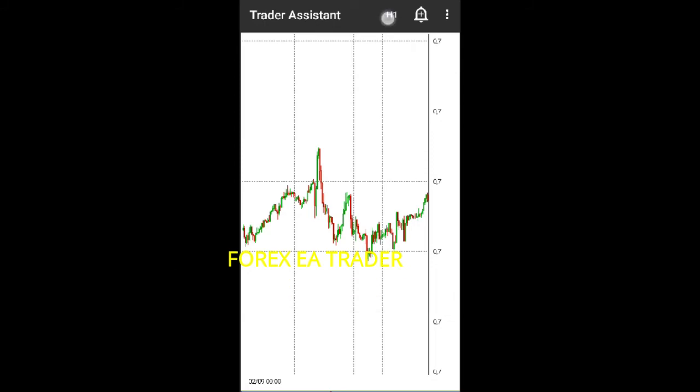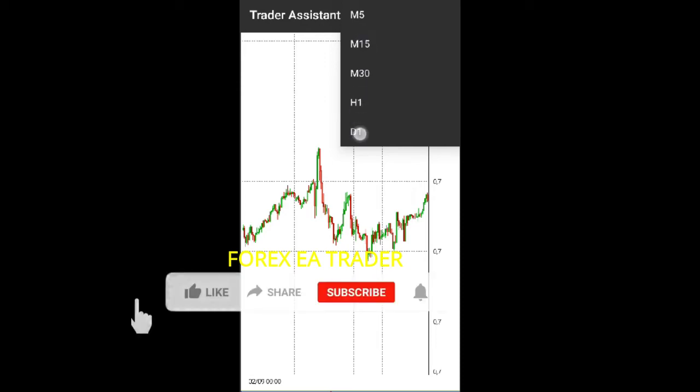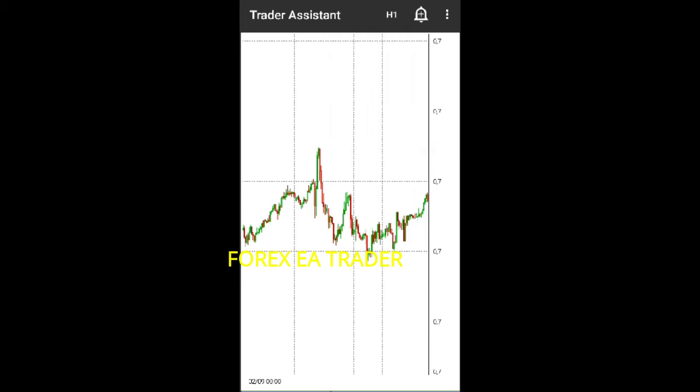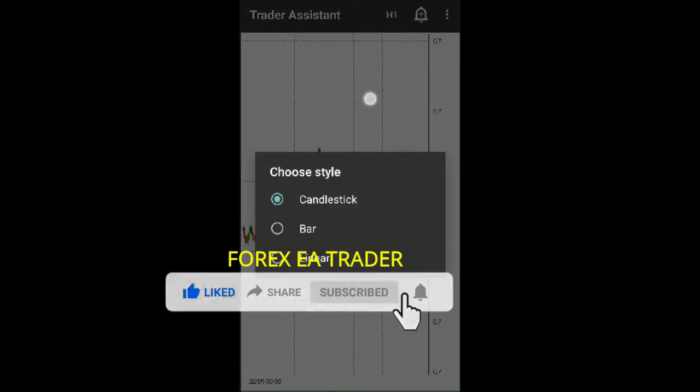This is how I can manage and keep track of what's happening. Of course, here you have got your time frames, and you can choose, it's up to daily actually, and down to M5. But you can easily set the alerts. There you can set whatever you want.